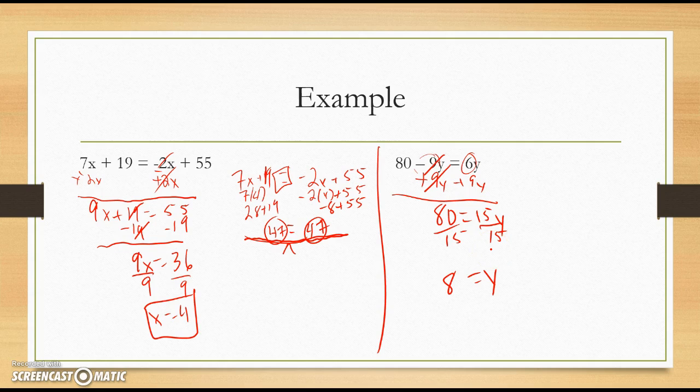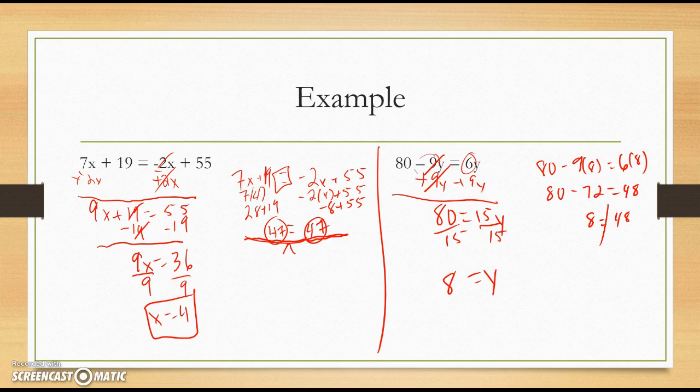Excuse me. So if I plug 8 in, remember we're trying to get this balanced again. Plug the 8 in for the y, so 80 minus 72 equals 48? And 80 minus 72 is 8. 8 equals 48. Uh-oh. Did something wrong. That does not equal each other.